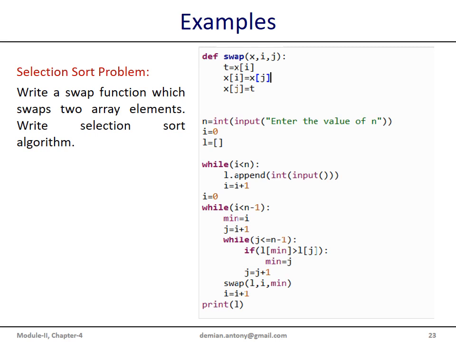This is the idea, and also to illustrate passing a list as an argument to a function, and how to swap the list elements by using the positions or indices of those list elements. This is the main intention.